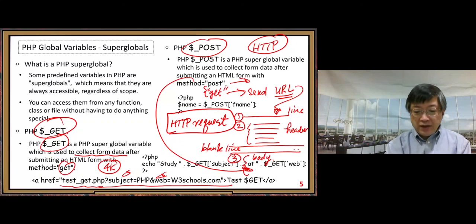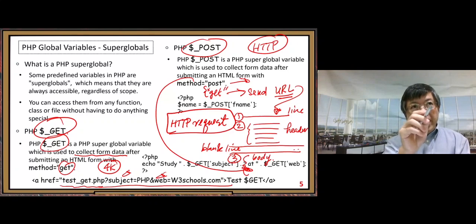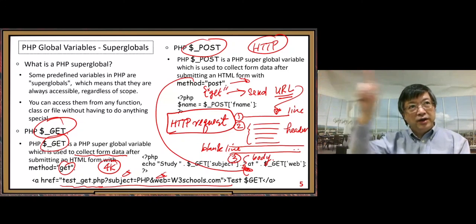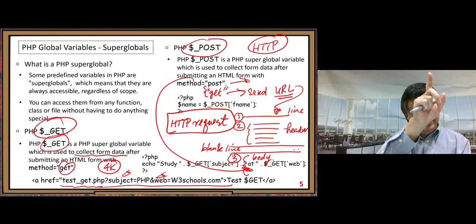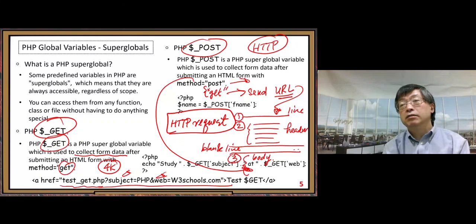Second difference: because of the URL, after you click submit, the data appears in the URL bar. If you click the mouse cursor on the URL bar, you can see the data. Then it's not good to send sensitive data, right?